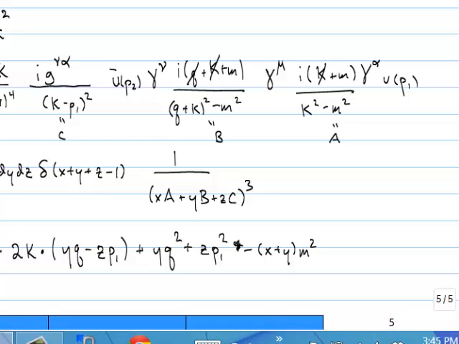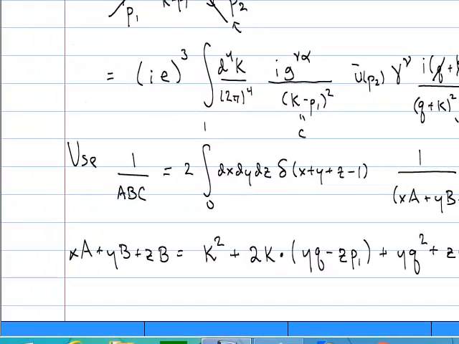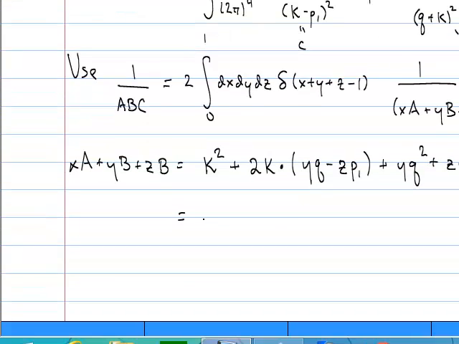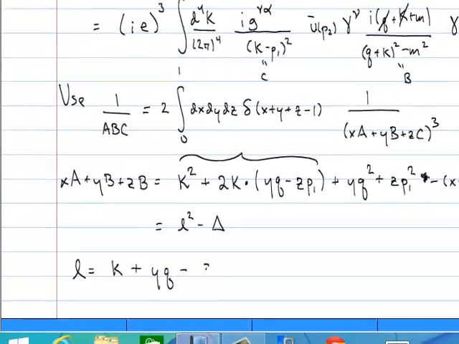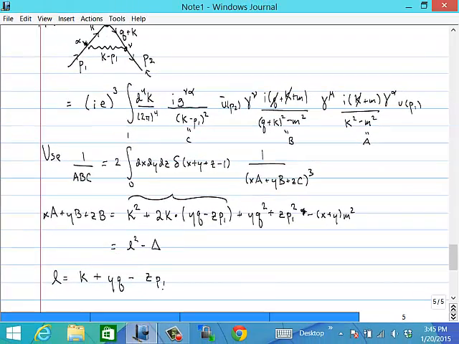And then we want to make the d4k integral invariant under four-dimensional rotations. So we complete the square and write this as L squared minus delta, where L is the thing that you get by completing the square. So L is k plus yq minus z p1.